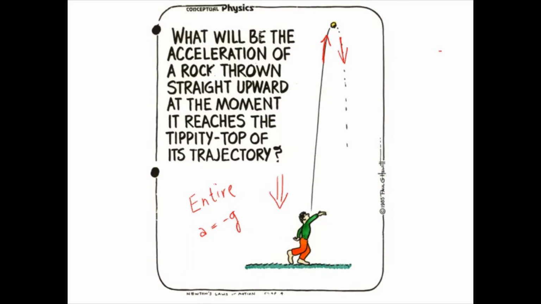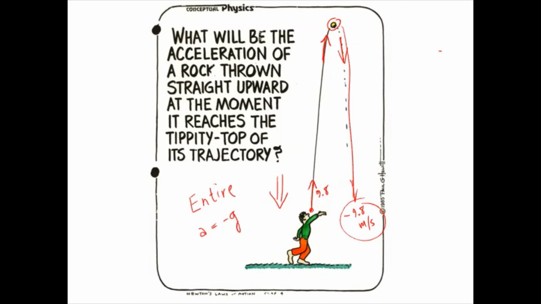So if it was thrown up at, let's say, 9.8 meters per second as its original upward velocity, in 1 second it's going to have slowed to a stop, and with another second of falling, it's going to be moving at negative 9.8 meters per second. So every second the ball's in motion, it loses 9.8 meters per second of speed going up, and gains 9.8 meters per second of speed coming down.